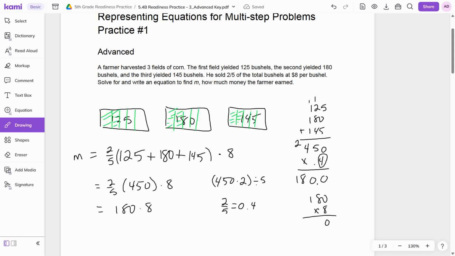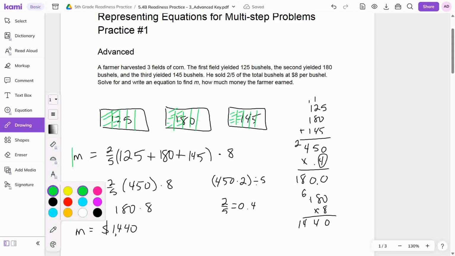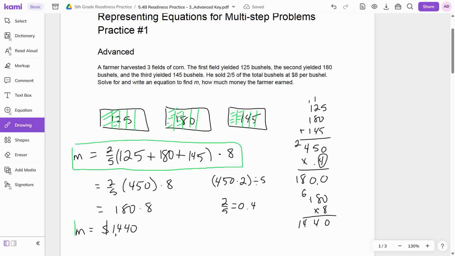So that's 64, and that's going to be 8 and then another 14. So M equals, put my dollar sign back in there, $1,440. So I have my actual equation here, and I went ahead and solved it: $1,440.